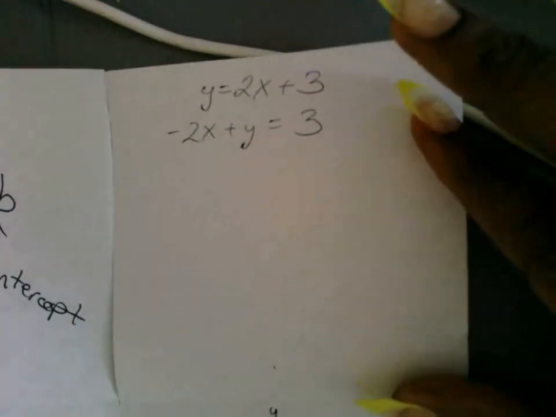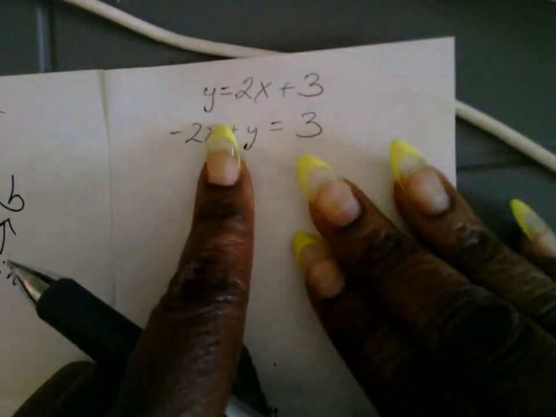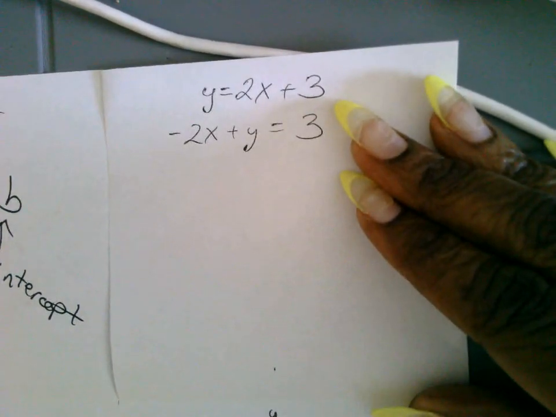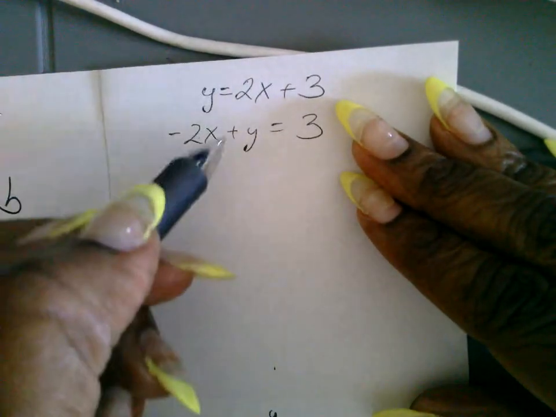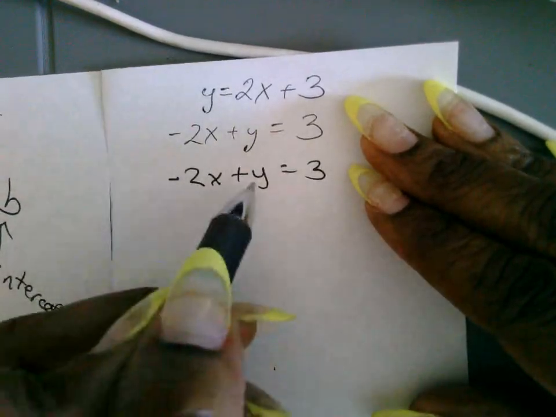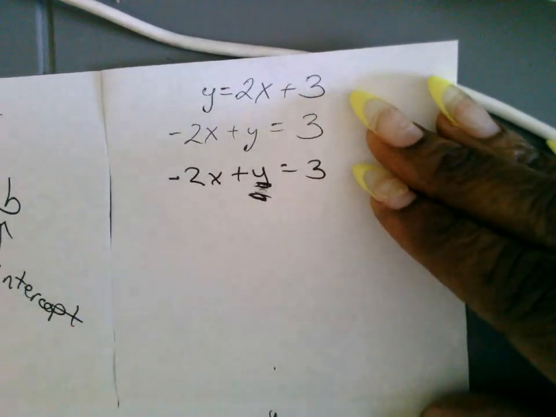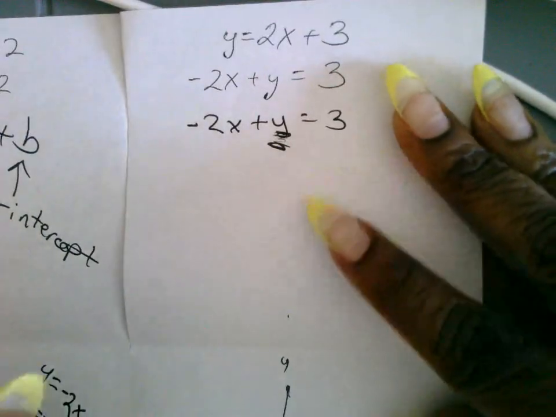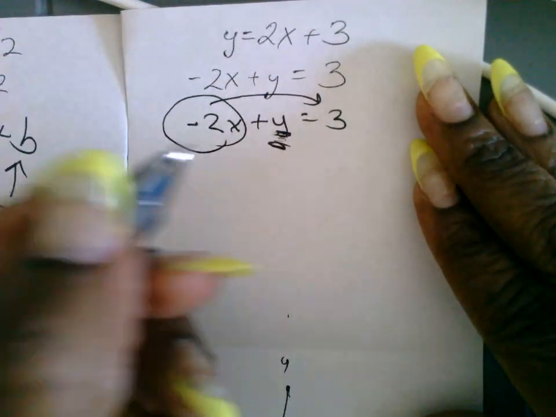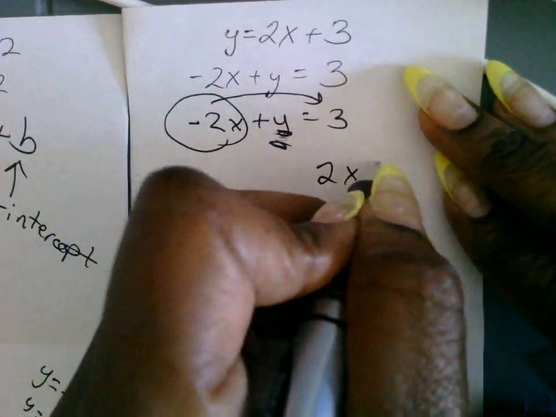This last one, although you can't tell initially just by looking at it, these are the same equations. If we take -2x plus y equals 3, and we solve for y to put it in slope-intercept form, this -2x is going to go to the other side and become +2x.